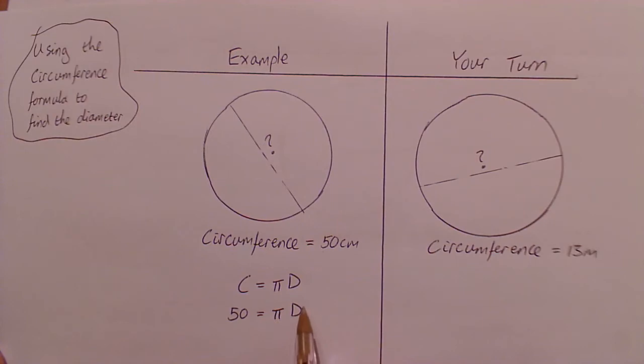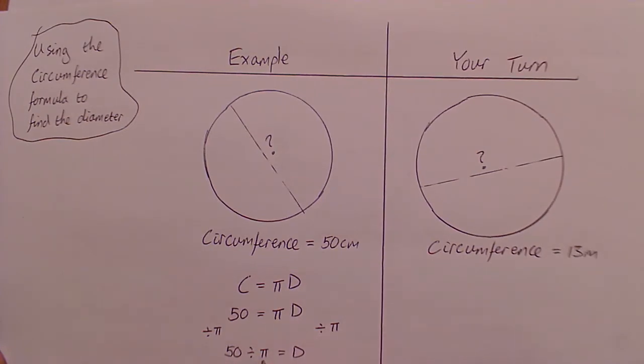Now remember, pi is just a number, 3.14. So for solving this equation to find d, we can just divide both sides of our equation by pi. So we can do 50 divided by pi equals d. And so d equals, and we're putting 50 divided by pi in our calculator.